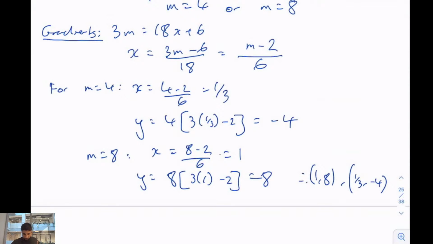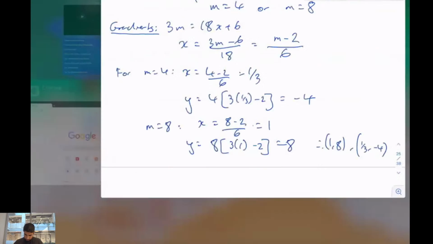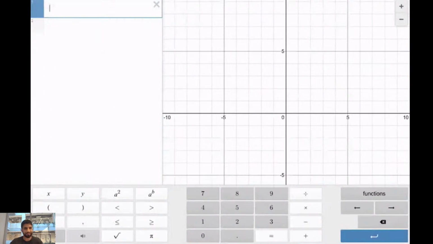Or before we move to the next question, I want to show you how these look, what this actually means. I made a rough drawing before we started the question, but we can see what these actually look like and what m is doing here. So let's plot these.